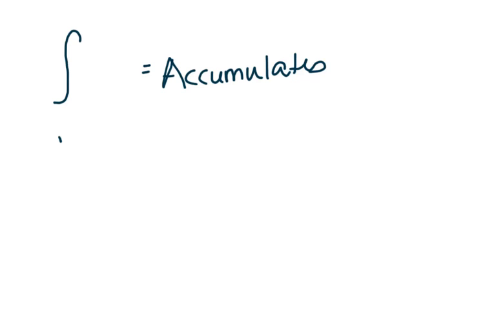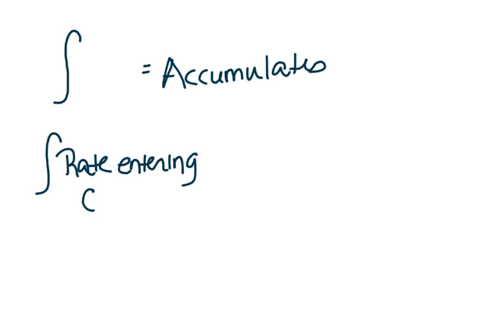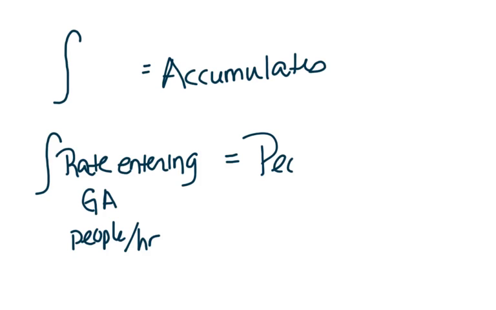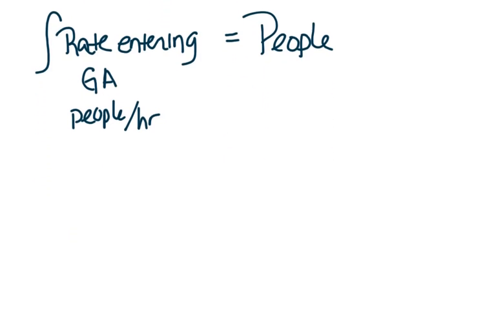If you integrate, let's say, a rate of people entering Great Adventure, in like people per hour, if you integrate that over a certain number of hours, you will get the total number of people who enter. You'll figure out the accumulation of people entering or leaving the park.